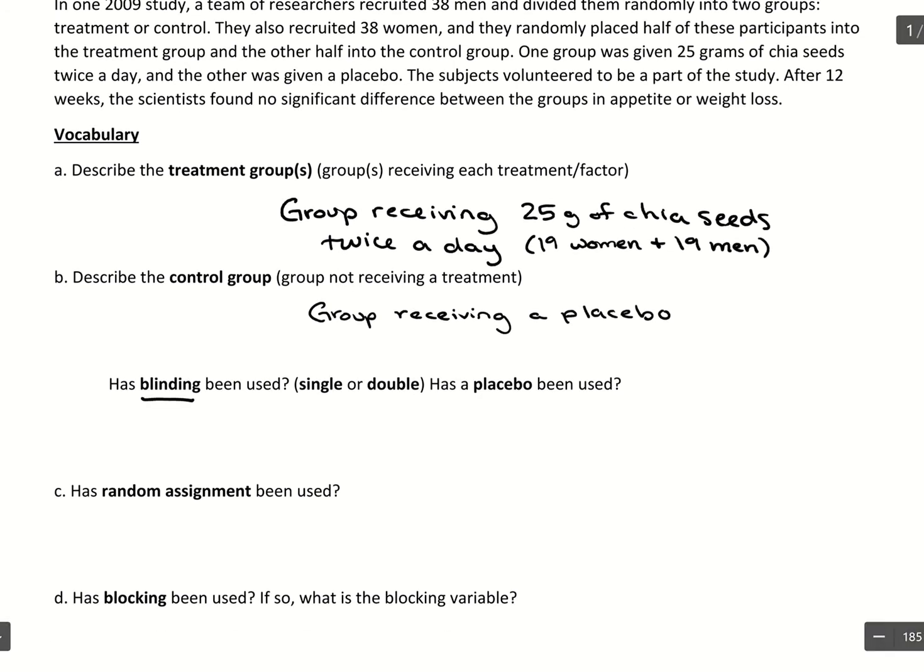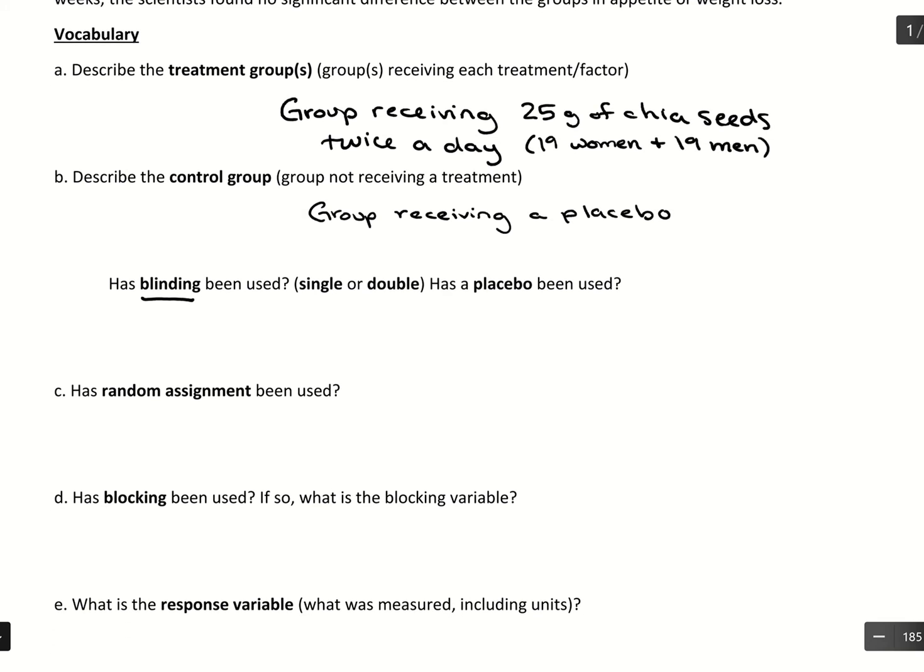Has blinding been used? There are two forms of blinding: single blinding and double blinding. In single blinding, the participants don't know which group they're in, so they don't know if they're receiving the treatment or the placebo.